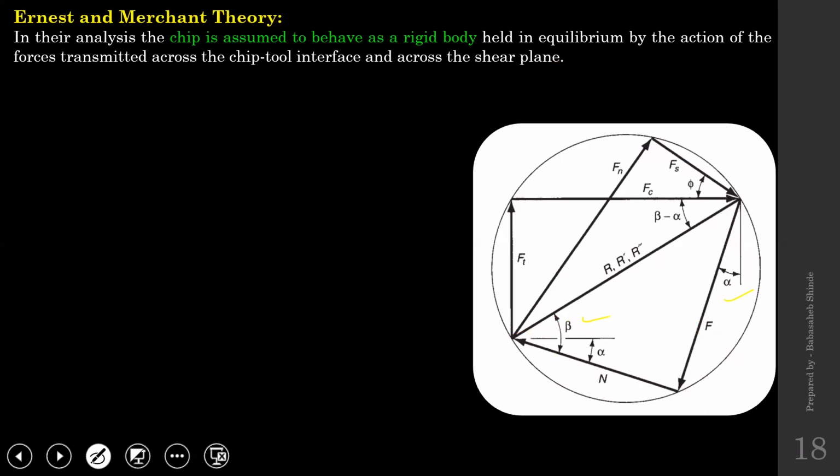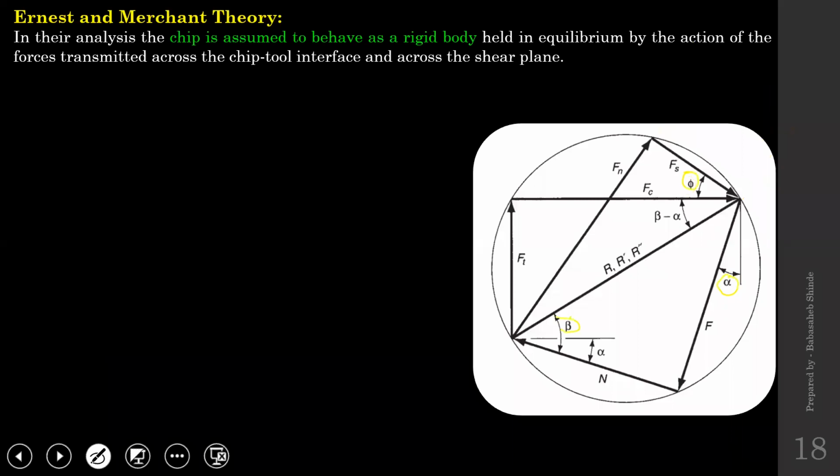Now this phi is the shear angle. We are very much familiar with that one, right? This is a cutting tool, the chip flows along this direction, and this is the shear plane along which the material shears. And the inclination of that shear plane is nothing but phi, called the shear angle. So this alpha is known, phi is known, beta is known.